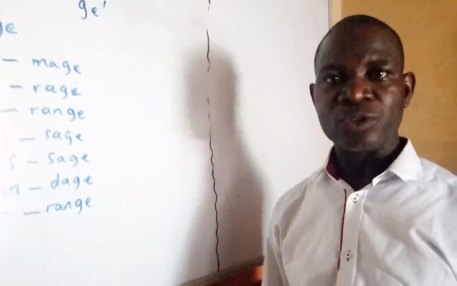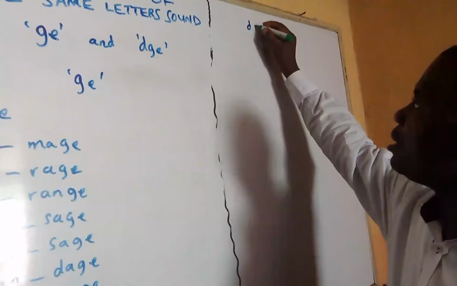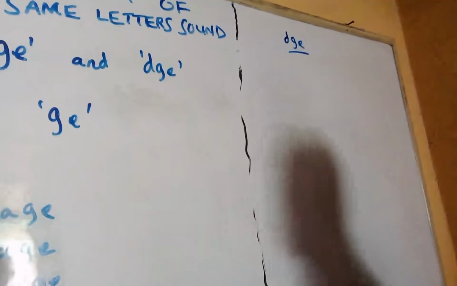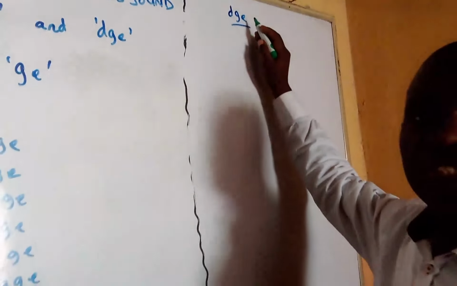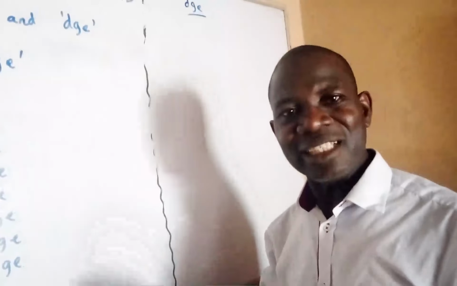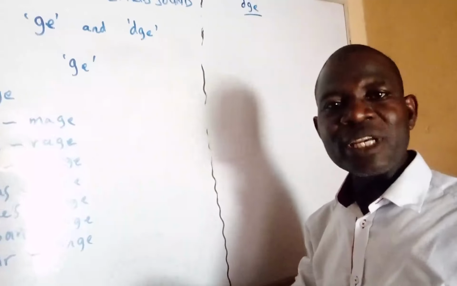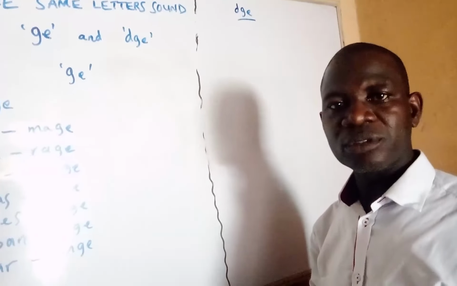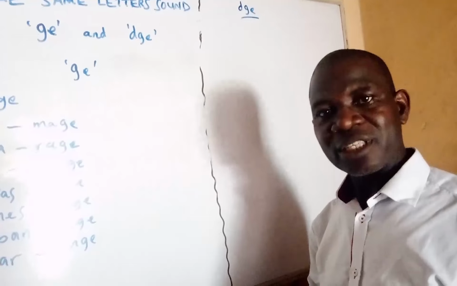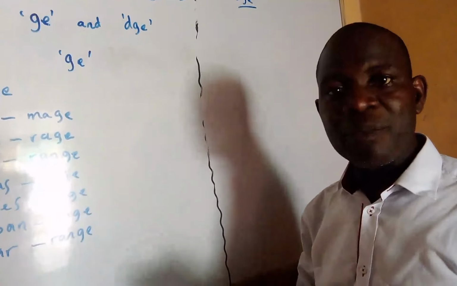I hope you've understood. Okay, the second one is DGE. Now, for you to use DGE as your end sound, it has to do with change vowel. I repeat, it has to do with the change vowels. What do I mean by this?